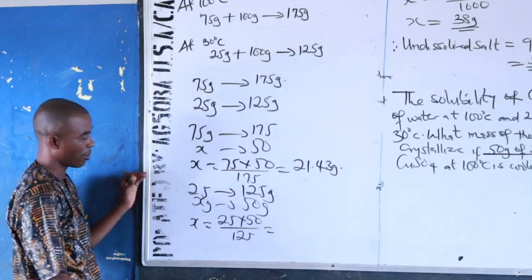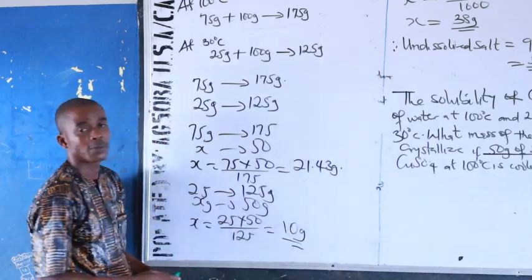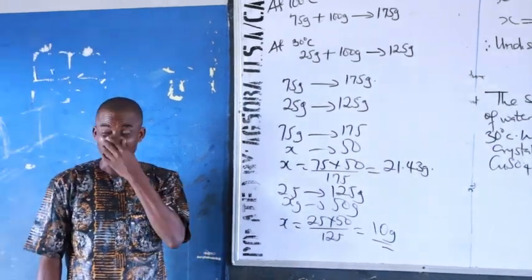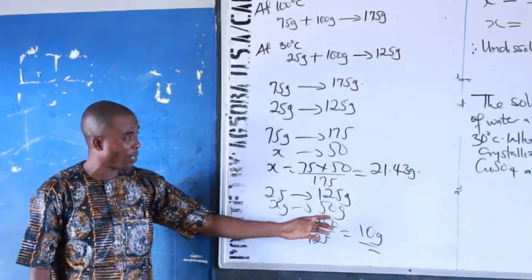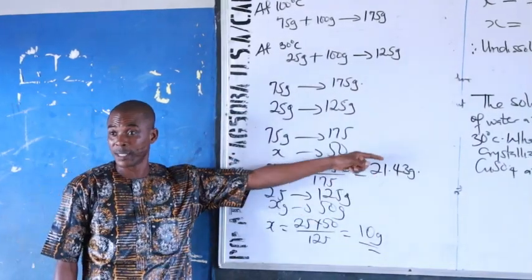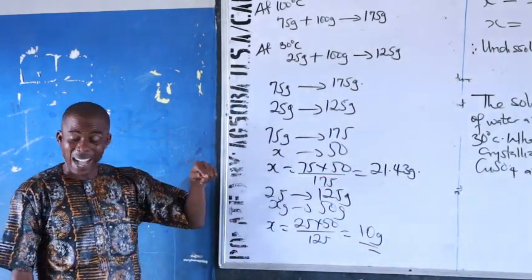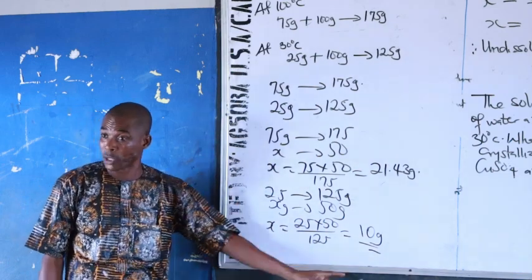And this will give us 10. At 100 degrees centigrade, the maximum number of grams of solute present in 50 grams is 21.43. At 30 degrees centigrade, 50 grams of the solution can only hold what?